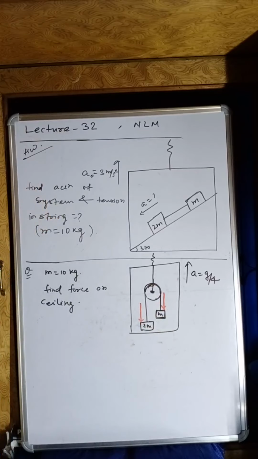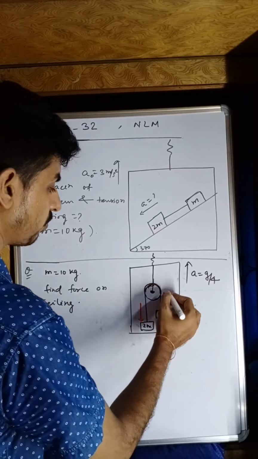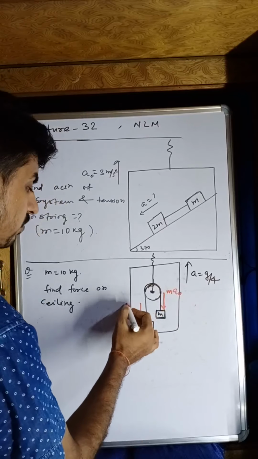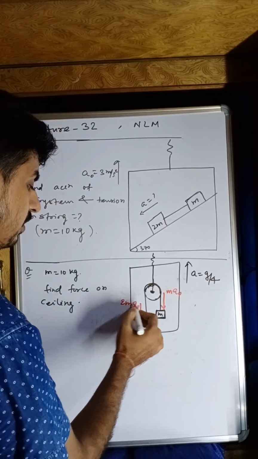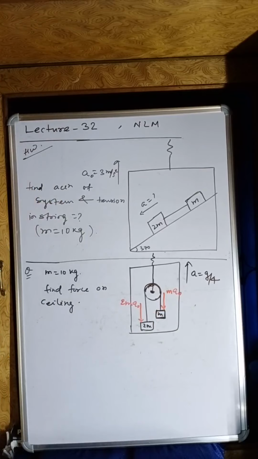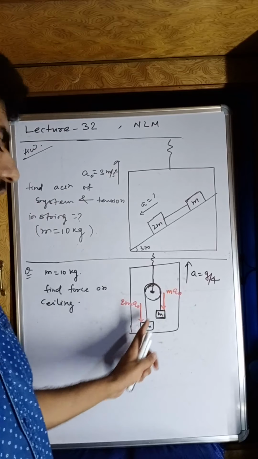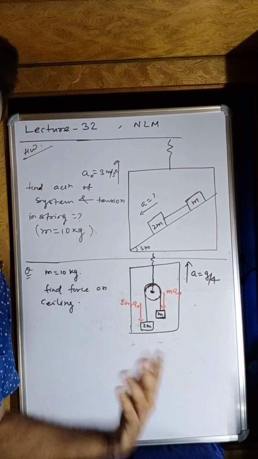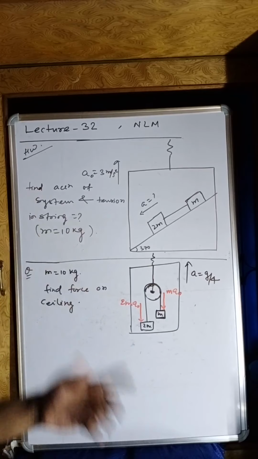Am I right? How much force? On this block the force will be m a naught, and for this block the force will be 2m a naught. Now after applying this pseudo force, the system becomes an inertial frame. Now you can solve this question.